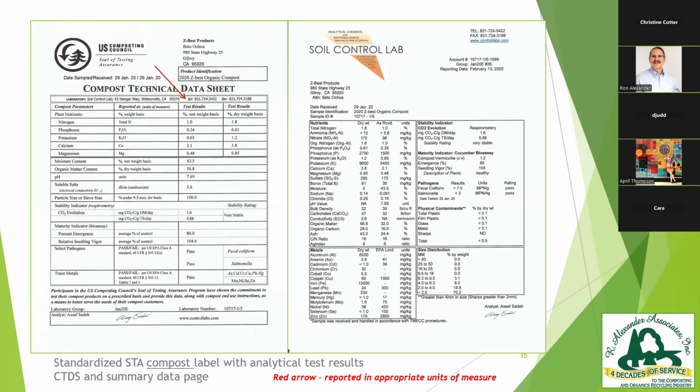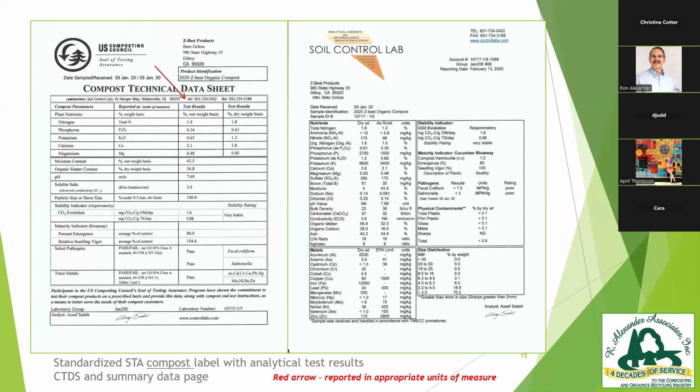The sheet to the left here is a test data sheet. It's called a compost technical data sheet, a standardized compost label sheet that's used by the National Testing Program. There are 600 products around the country. The sheet to the right of it is just a backup summary sheet.